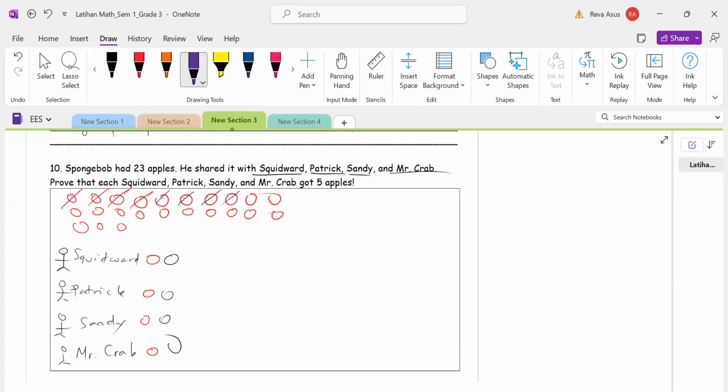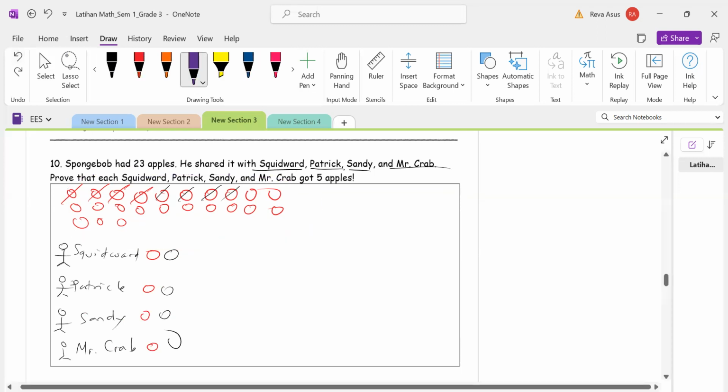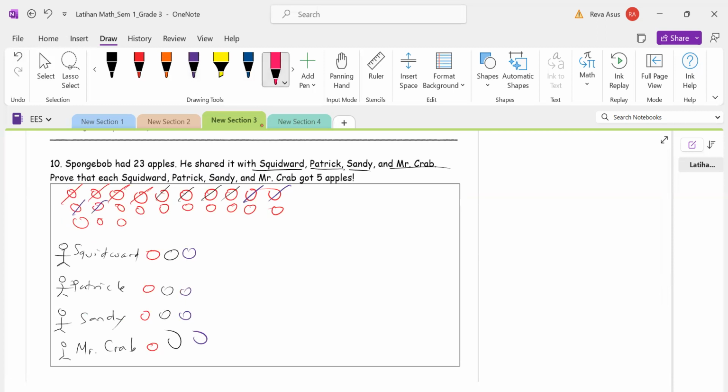And then every time we give to them, it's 4 fewer apples from here. 1, 2, 3, 4. And we keep repeating this, giving 4 each time.